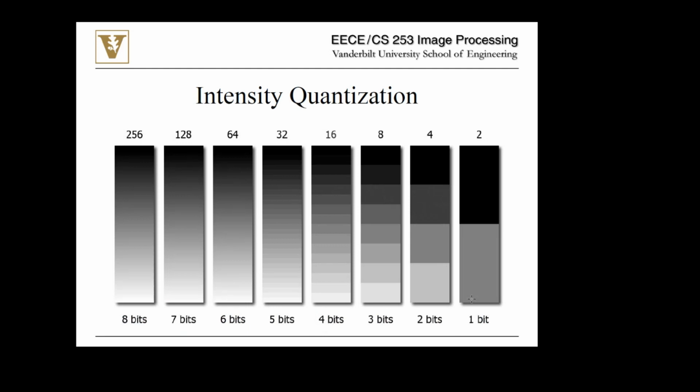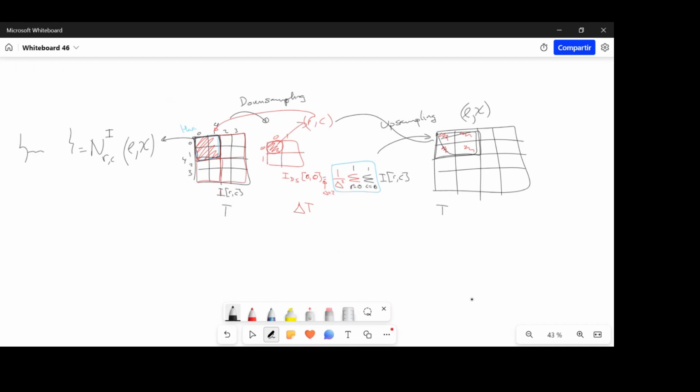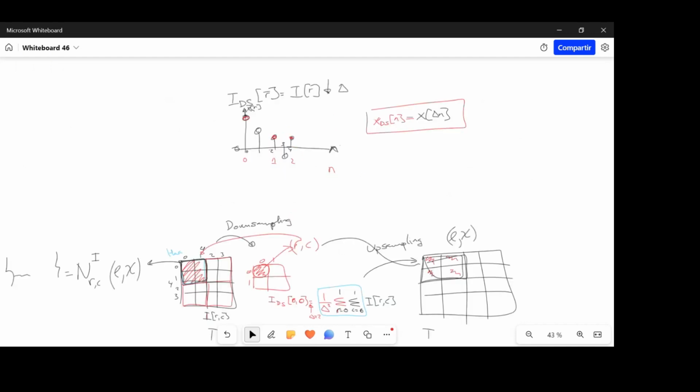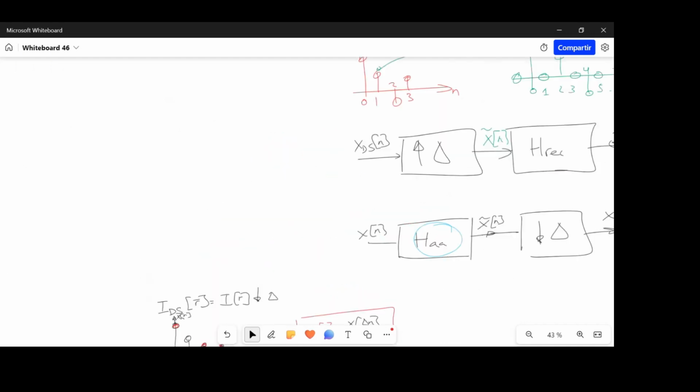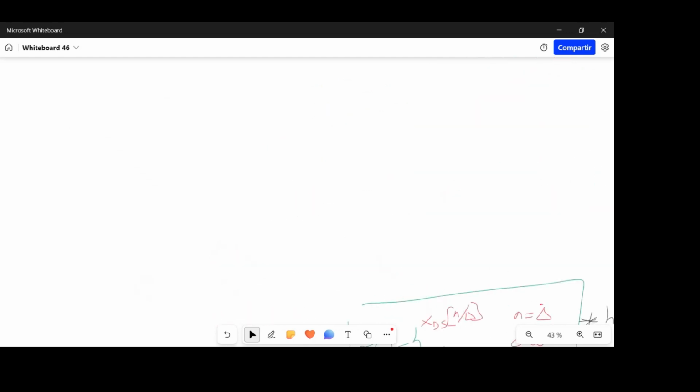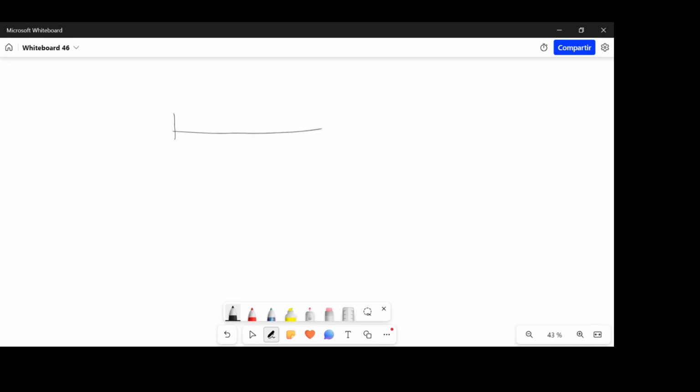So if you use 8 bits, what is the intensity step? I have to go from 0 to 256. Let's say I'm using n bits.